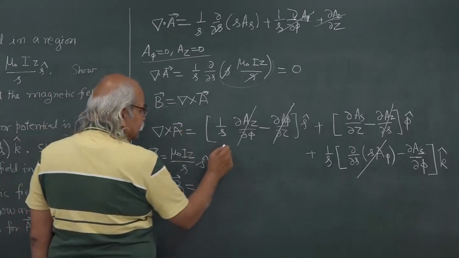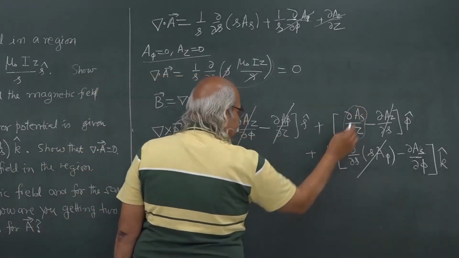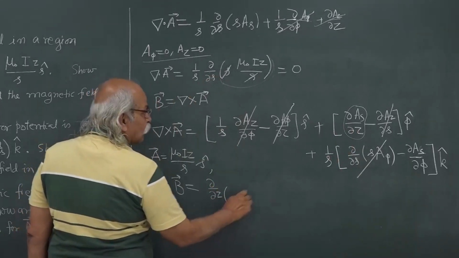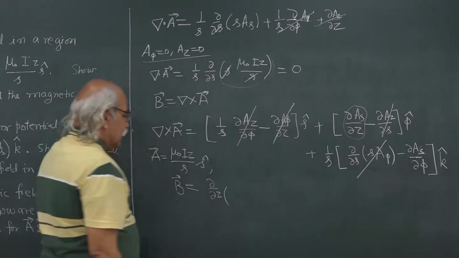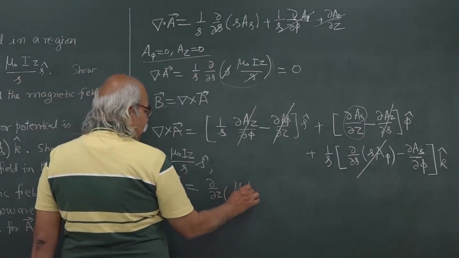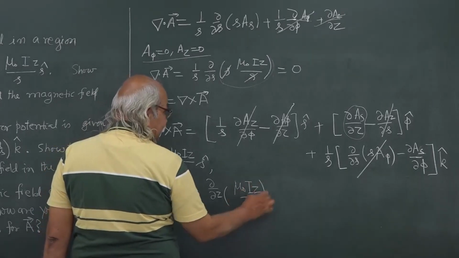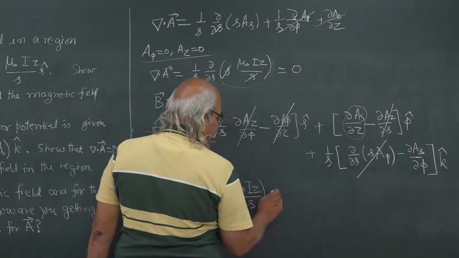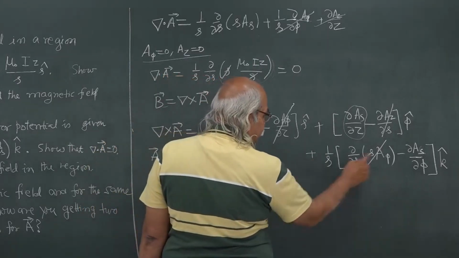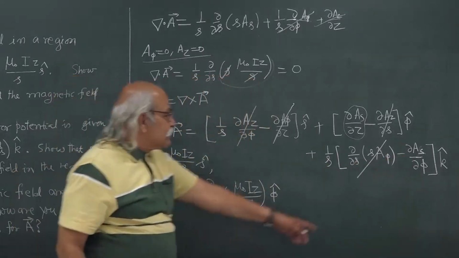So, B is curl of A. This is gone, and here we have del AS del Z. So, del Z of AS, where AS is mu naught I Z over S, times phi cap. And then we have this del AS del phi.